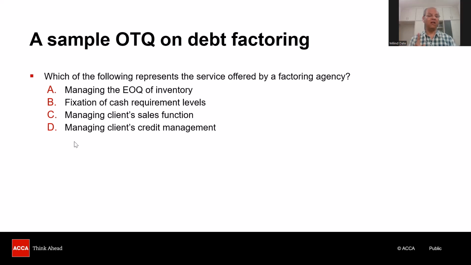Please remember, a debt factor is not going to manage your selling activity. It's only after goods are sold, after the receivables emerge because of the credit term, that they can take over the credit management, but not sales responsibility. They are not sellers. And therefore, alternative C is also incorrect.